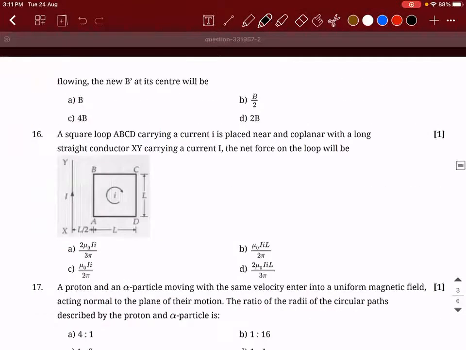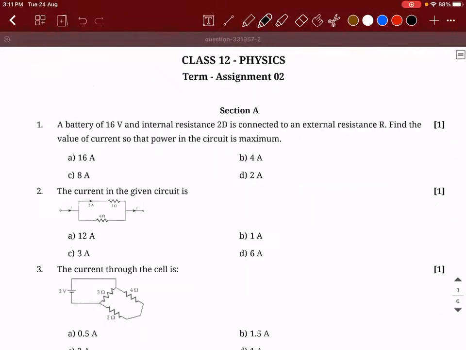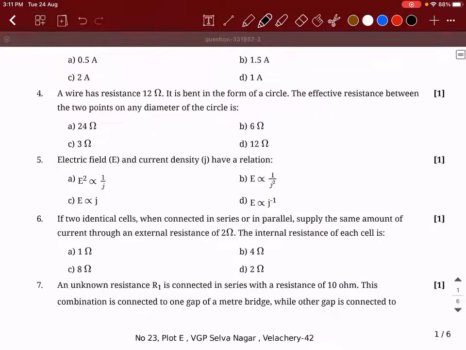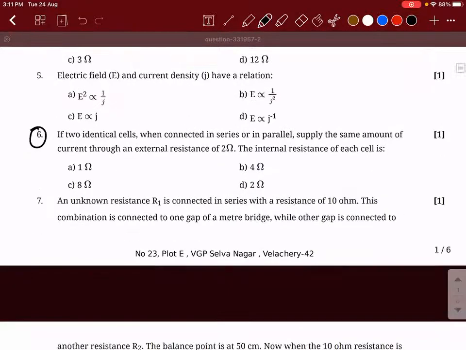Sir, 15 also. Okay, 15. Sir, 6 too. 6 also. Yes. So 6 and 15.